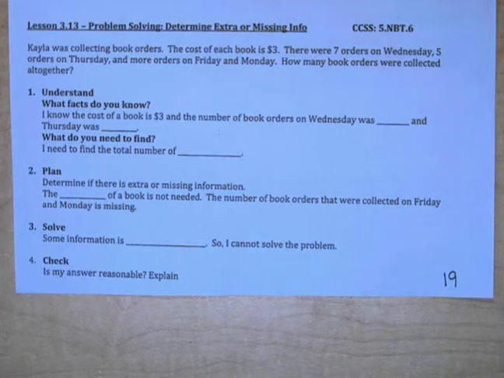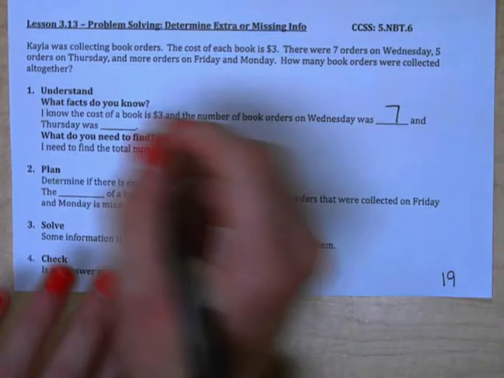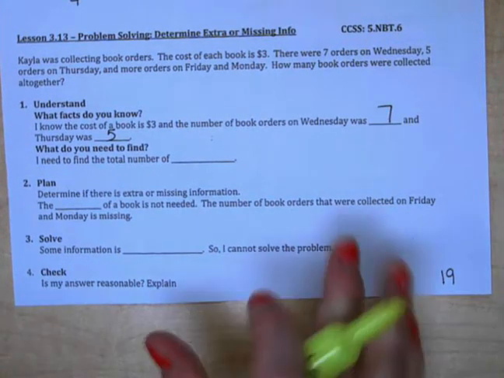So step 1 is to understand what facts you know. We know that the cost of a book is $3 and that the book orders on Wednesday was 7 and on Thursday was 5. So I'm going to highlight the information that we know in yellow.